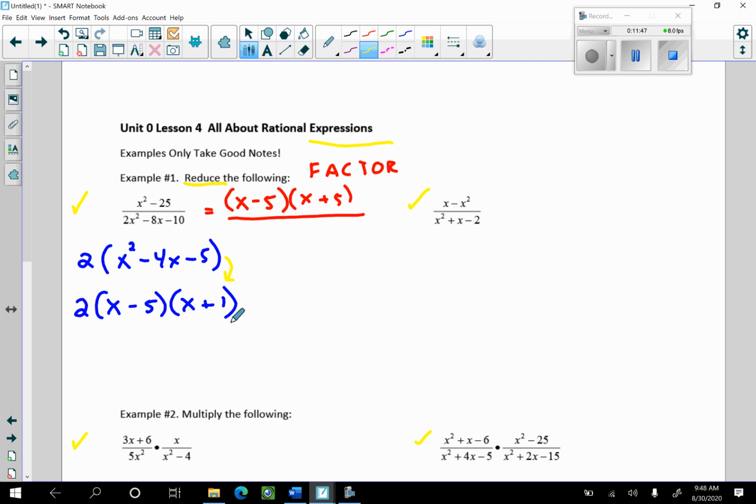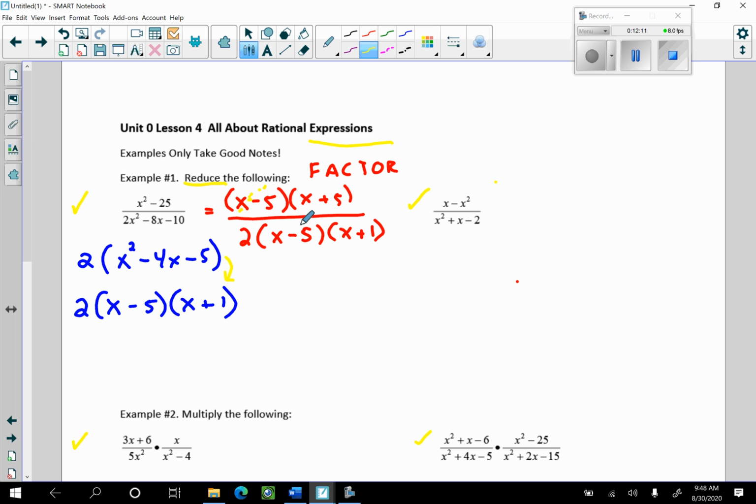That's the factorization of the bottom, so I'm going to write that up here. It's going to be 2 times x minus 5 times x plus 1. And now I'm going to cancel like factors. You can cancel factors, not add-ins, i.e. you cancel factors that are being multiplied. Well, right here you go.